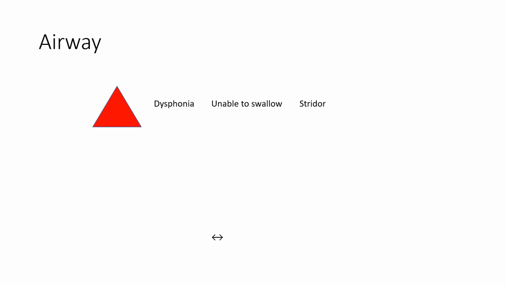In Swedish, we might say grötig voice, like porridge voice. And if you have what we in Danish call spytflod, you're unable to swallow your saliva. Or if you have stridor, which is usually a quite late sign. The stridor can be inspiratory and expiratory and so on, and depending on your airway physiology, it might occur earlier than with others.